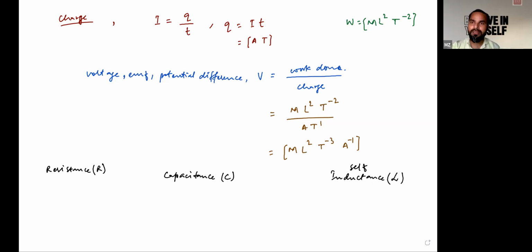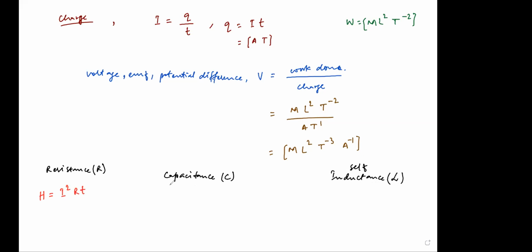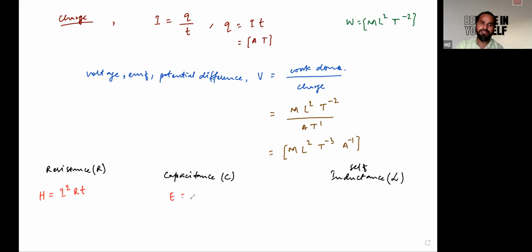We have to deal with their dimensions only. So for the dimension of resistance, heat energy is equal to I squared R into T. Similarly, for capacitance, energy is equal to half Q squared divided by C. And for inductance, energy is equal to half L I squared. Here H is heat, I is current, R is resistance, and T is time.